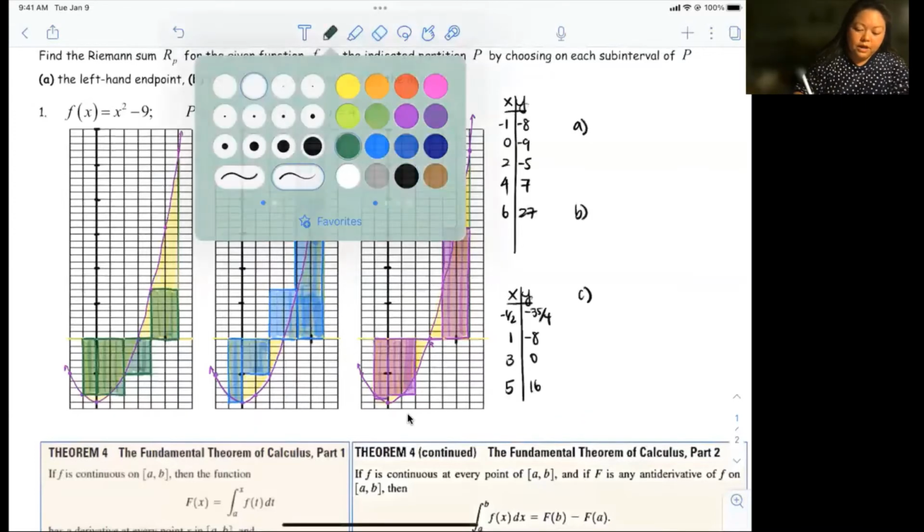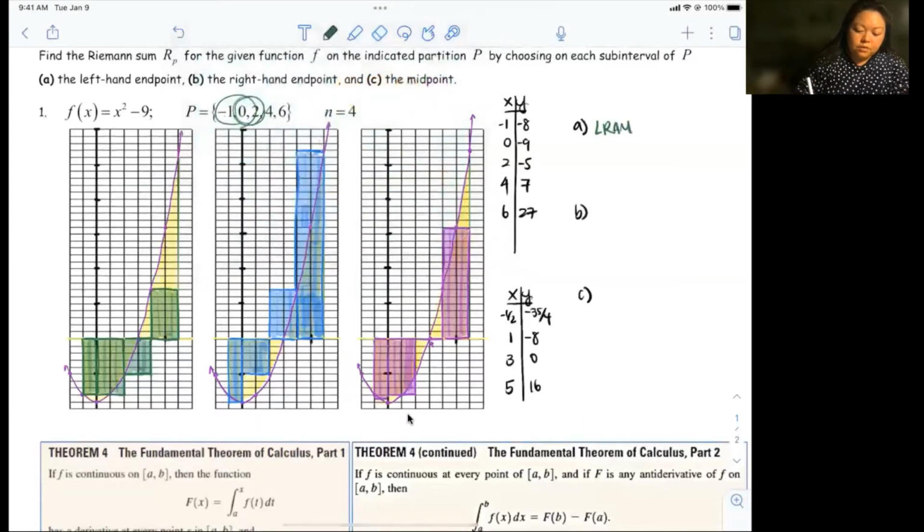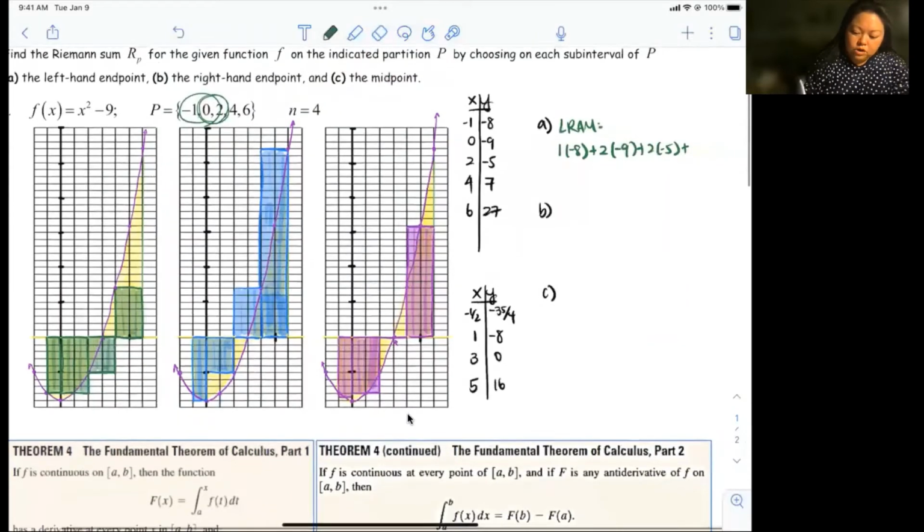So for LRAM, I get a rectangle of width 1 times the left endpoint, so -8, and then a width of 2 times -9, and a width of 2 times -5, plus a width of 2 times 7. Just like before, we don't use the last endpoint, so we don't use that 27, right?